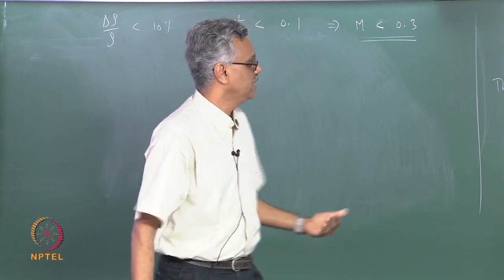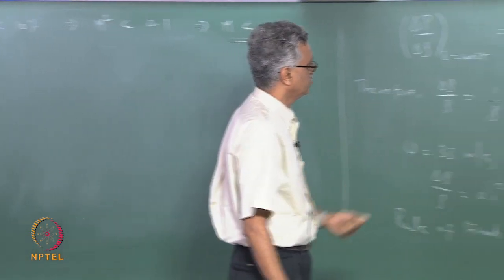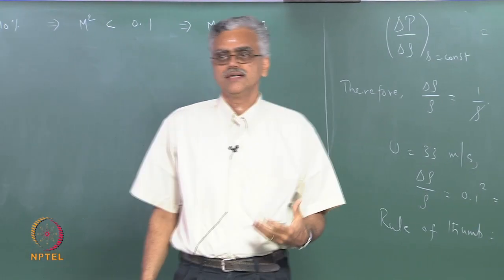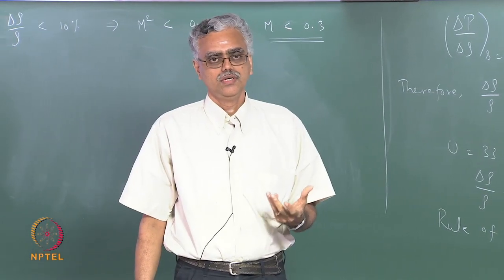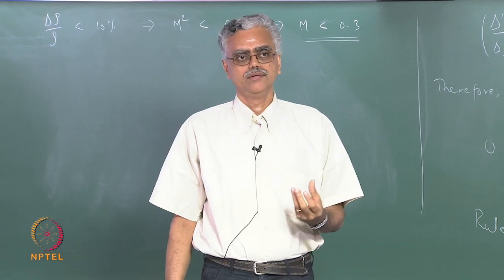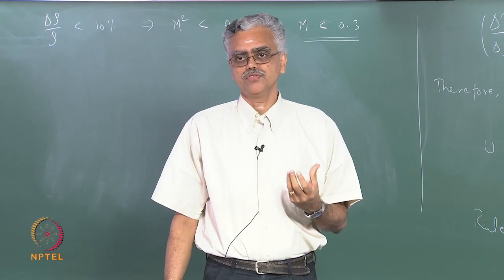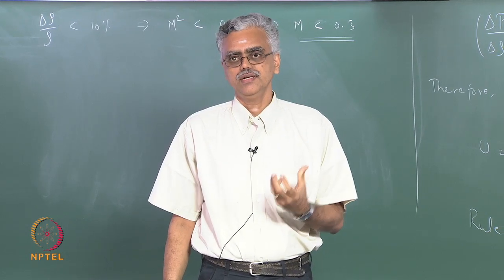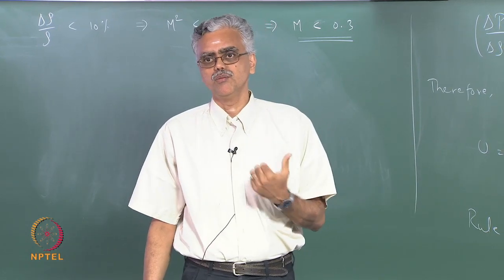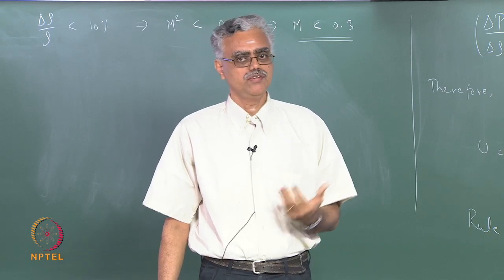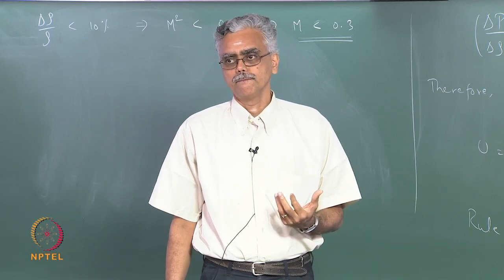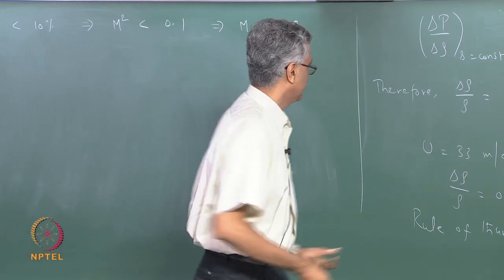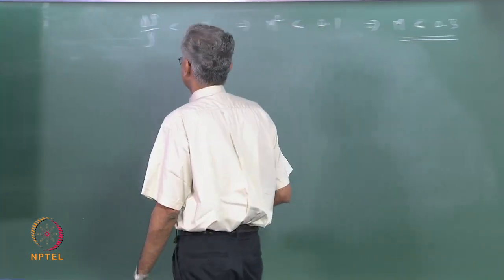The reason why speed of sound is important in these types of situations is that any disturbance that is generated in the flow field travels with the speed of sound. So when the actual flow speed is comparable to the speed of sound, then the compressibility effects are very significant, right. If the actual speed is much less compared to the speed of sound, then compressibility effects are smaller. So we said there are two criteria for assessing compressibility.